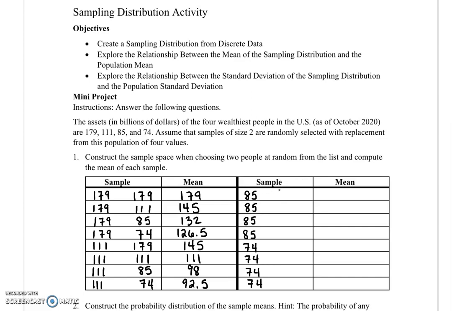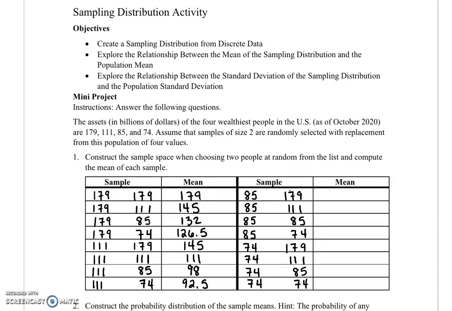Okay, so for all the 85s, we could have 179, 111, 85, or 74. And for 74 being chosen first, we have the same possibilities for the person being chosen second.